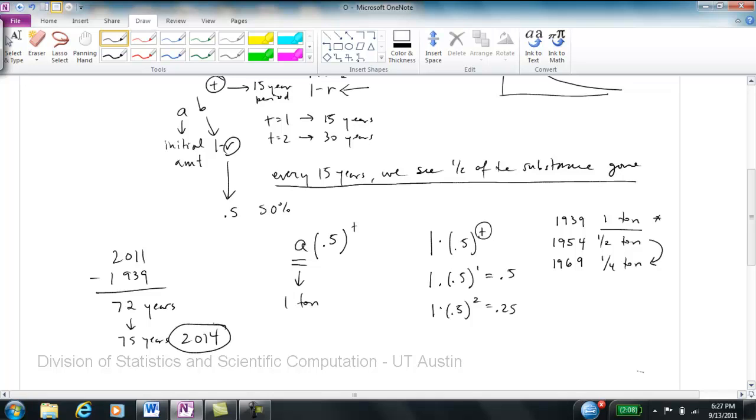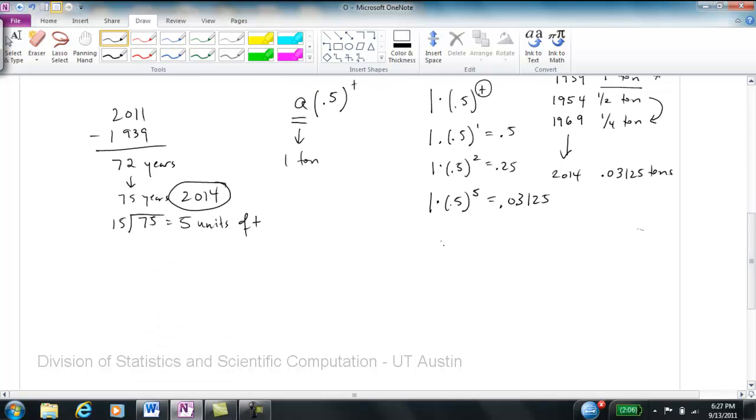So we're going to use 2014 to be close to right now. 75 years divided by 15 years is equal to 5 units of t. So what I want to calculate is 1 times 0.5 to the 5. And that is equal to 0.03125. So in 2014, we have 0.03125 tons left of every ton that was used.